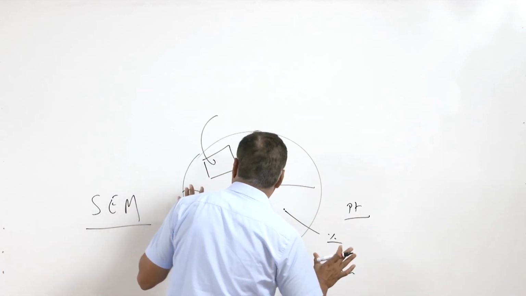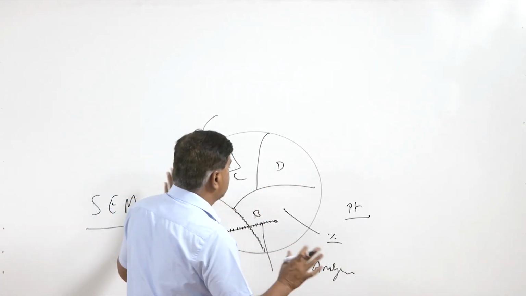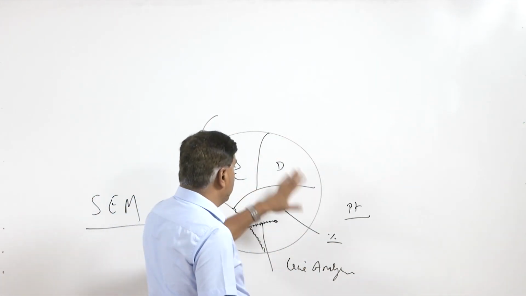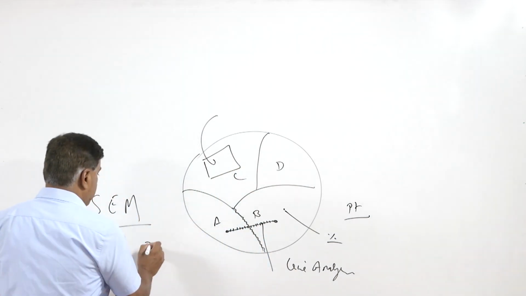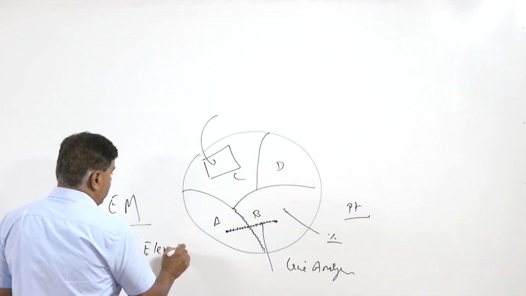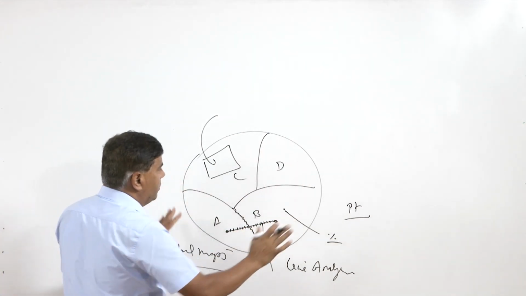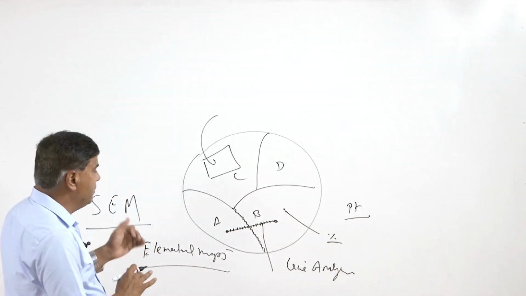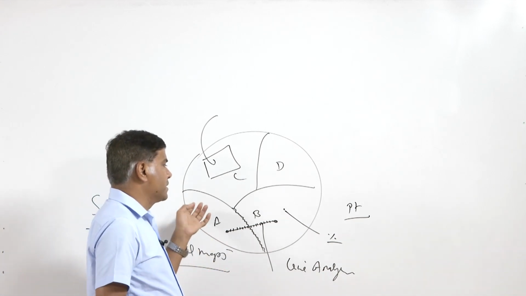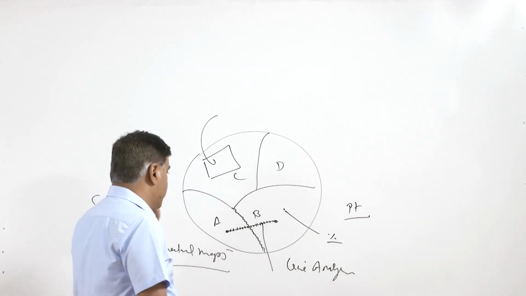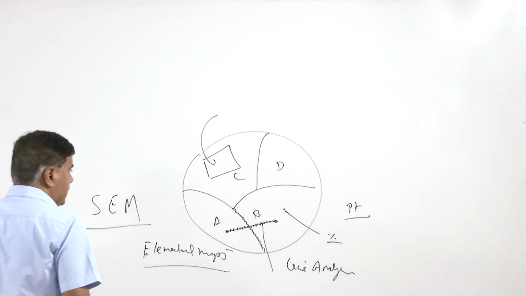We may also be interested in what is present and how it is distributed over a given area. For that purpose, we use elemental maps. Elemental maps highlight which element is present where, and the kind of distribution within the grain or near the grain boundary.